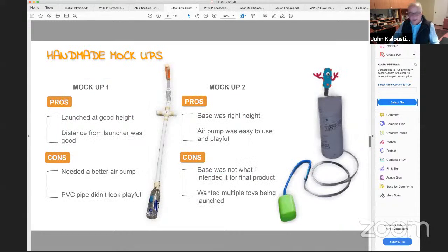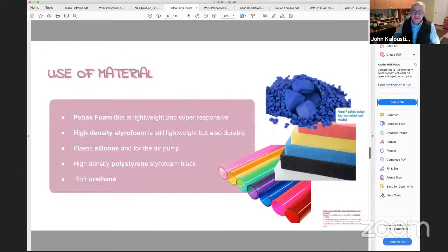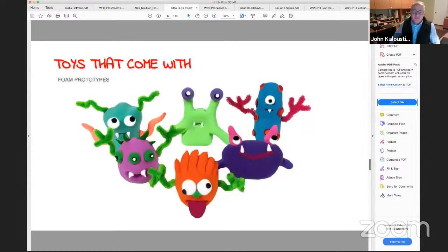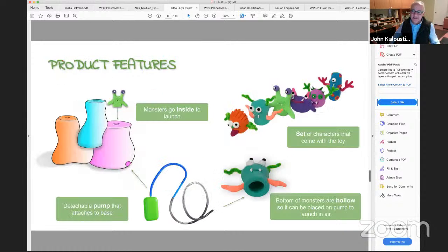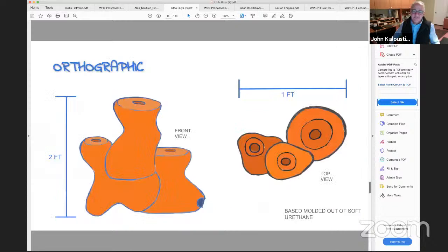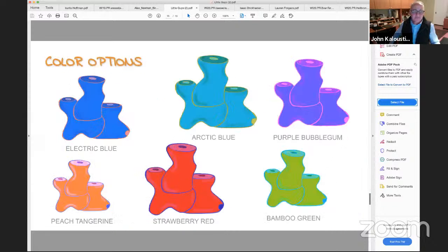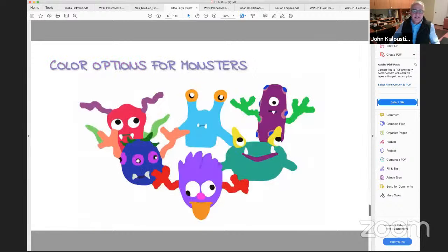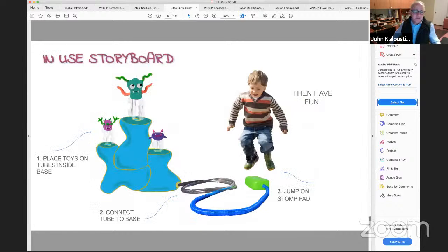And then created a launcher, how it would kind of work. Found out what type of materials might be used to make it. And then made these little characters out of clay. And then developed how it would launch. And then size and colors. And then that was the final concept.